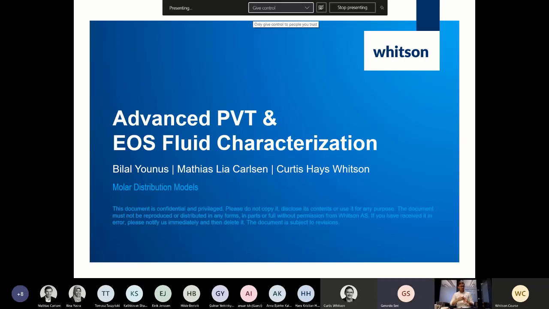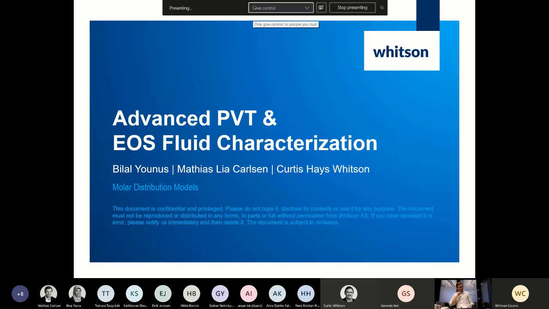Yeah, sorry to insist on this, but I remember specifically asking the Stratum lab if they have the C7 plus molecular weight measured, and they replied yes, it's measured with the freezing point depression method. Gerardo, I think you are talking about the study we were doing together. Yes. I think there was a misunderstanding on the lab side.